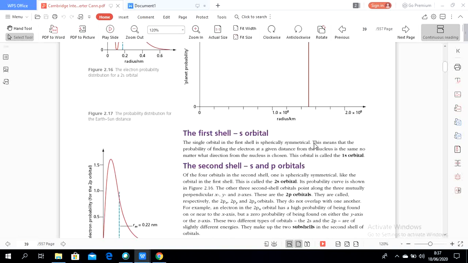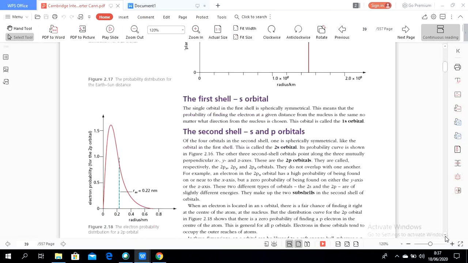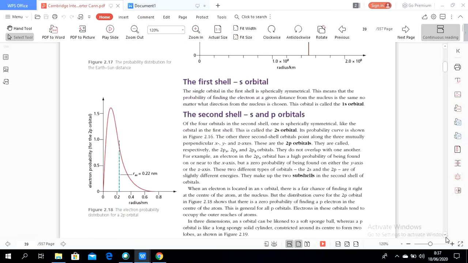And then the second shell has 4 orbitals. One is spherically symmetrical like the orbital in the first shell. This is called the 2s orbital. Its probability curve is shown in figure 2.16. The other 3 second shell orbitals are the 2p orbitals, called 2px, 2py and 2pz. They do not overlap with one another.